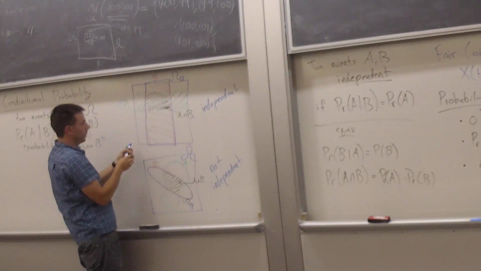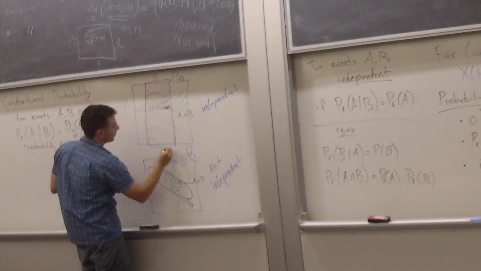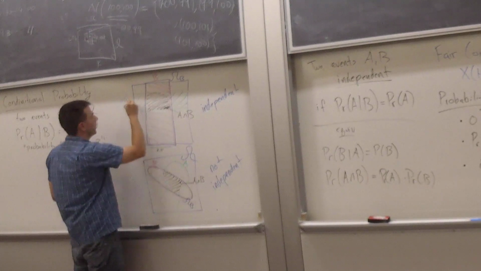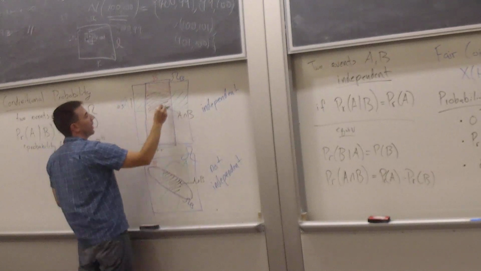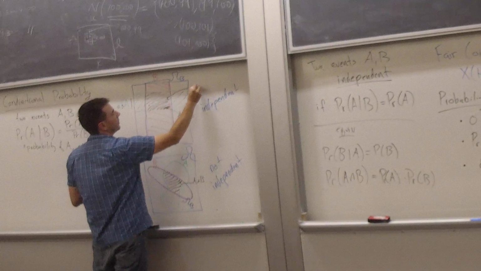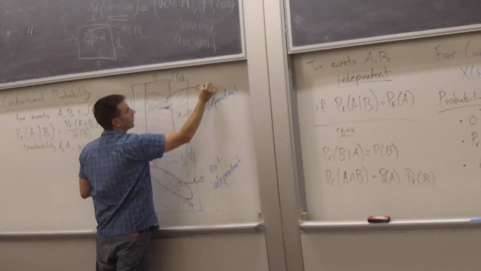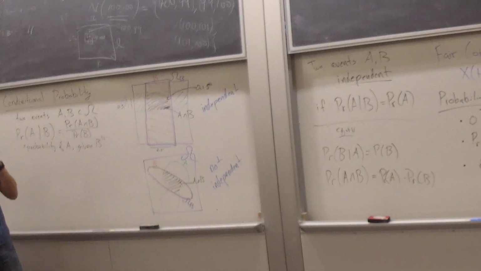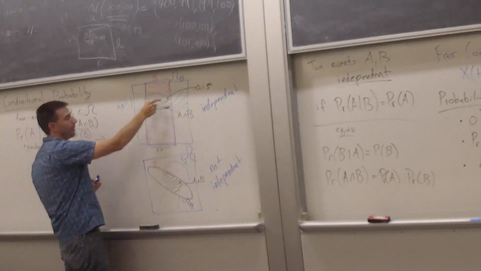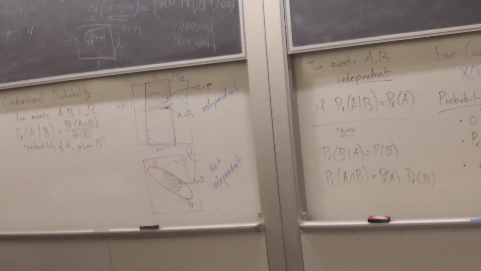So if this strip was the probability of B, if this was 0.5 and this was 0.3, then the area in here should be 0.15, right? That's 0.5 times 0.3. And if you actually calculate the area of this box, that's what it's going to be. It's going to be 0.15 in area.